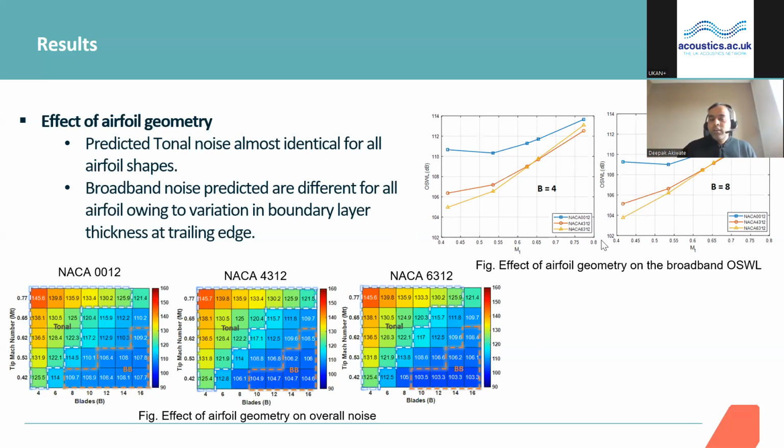I have shown the variation in the broadband noise for the four-bladed and eight-bladed cases for symmetric and cambered airfoils, and we can see that the broadband noise is always higher for symmetric airfoils. This makes sense because we are performing this study at constant thrust, and to produce a similar lift, the symmetric airfoil has to be at a higher angle of attack or higher pitch, which increases the boundary layer thickness at the trailing edge, and ultimately increases the broadband source strength.